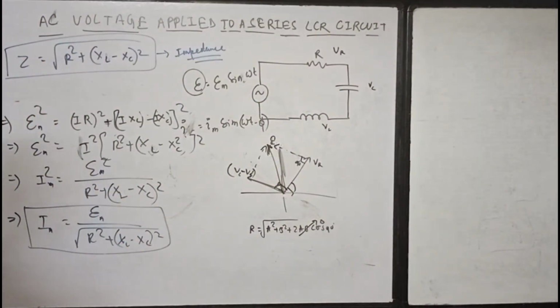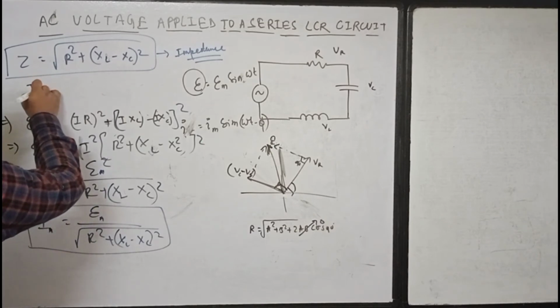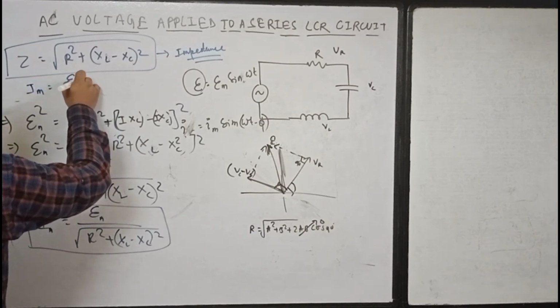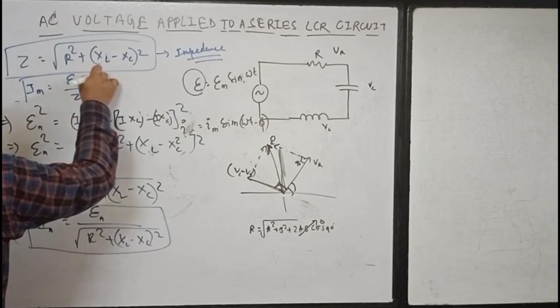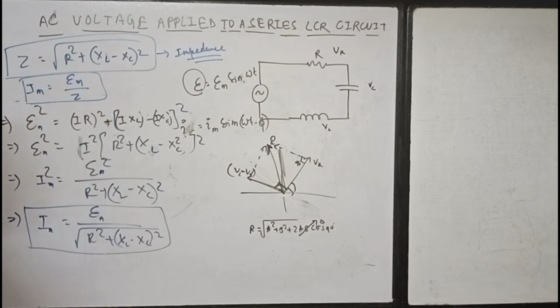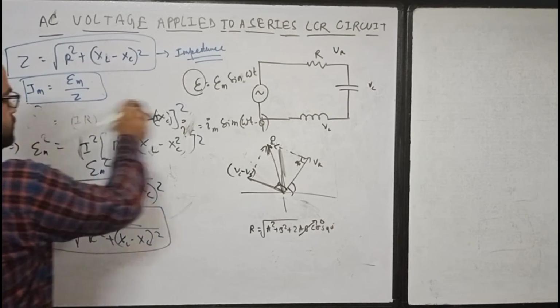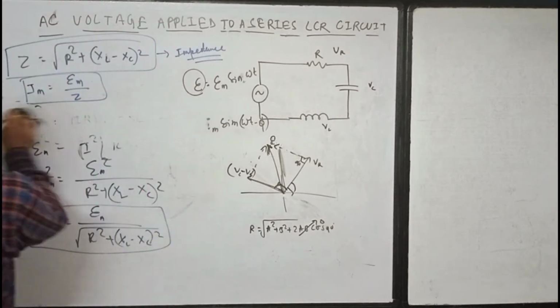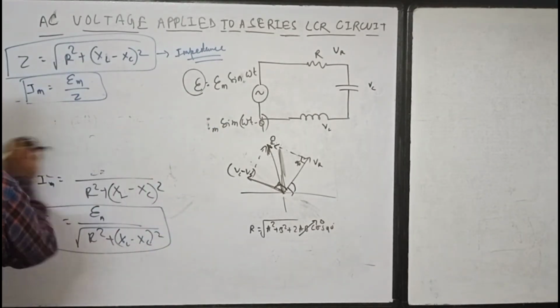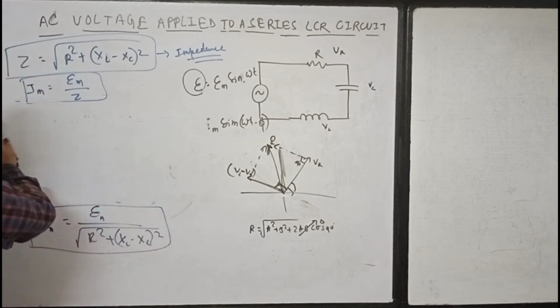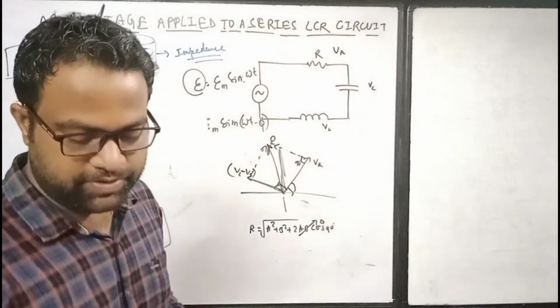So you can say that Im is equal to Em by Z also. So here you get one thing: current is voltage by impedance. Now one triangle you can also make for easy remembering. To remember this easily, questions come from this section every time.